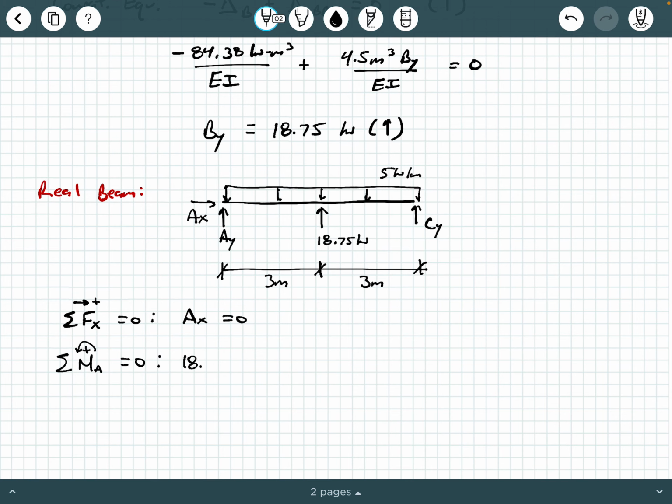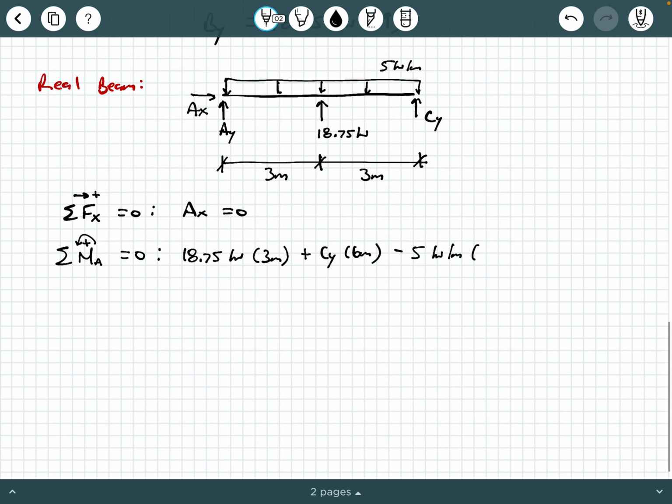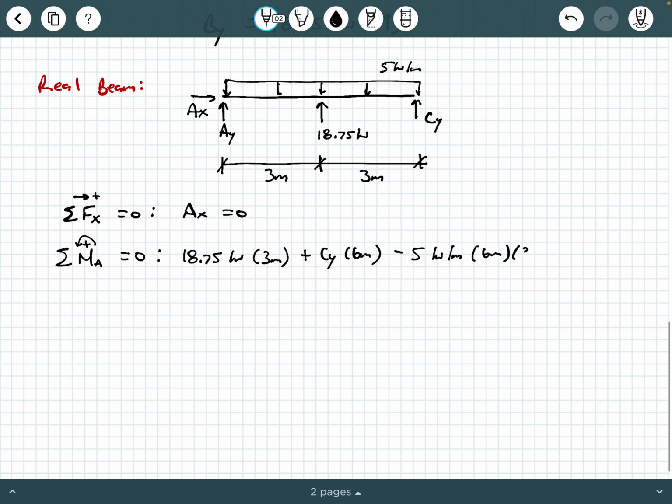So that's going to be 18.75 kilonewtons times 3 meters, and then we're going to say plus CY times 6 meters minus 5 kilonewtons per meter times 6 meters times 3 meters all equals 0. So Cy comes out to be 5.625 kilonewtons reacting upwards.